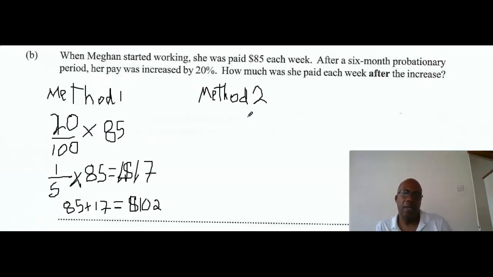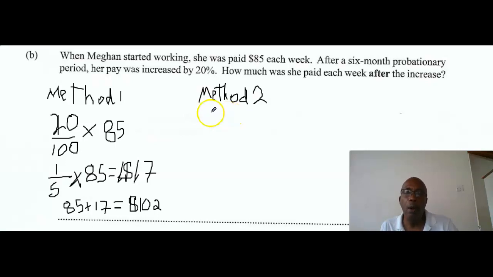And so therefore, if Megan gets a 20% increase, the amount she gets is now 120% of the original amount.